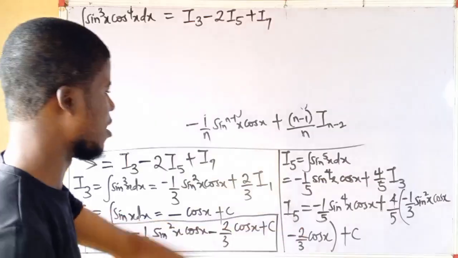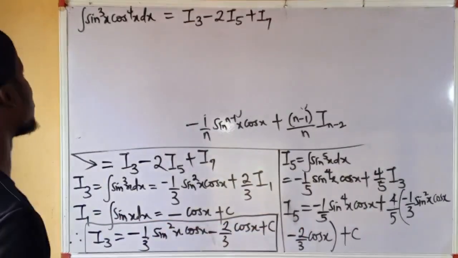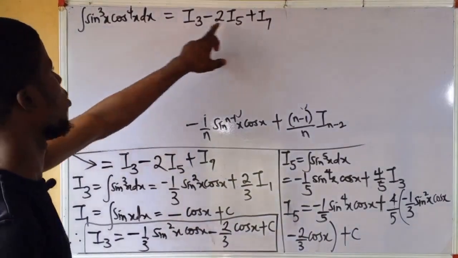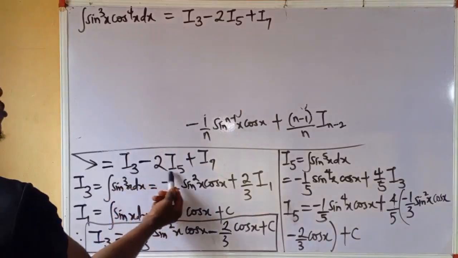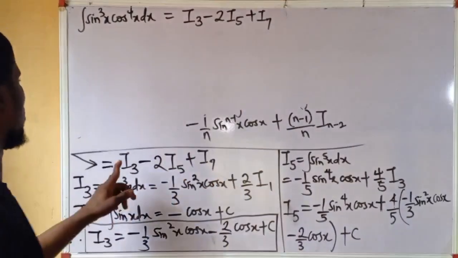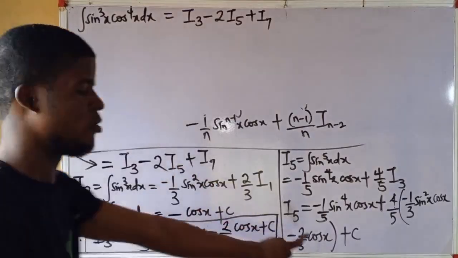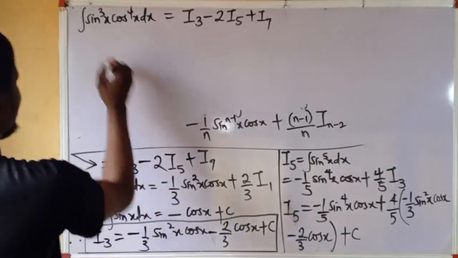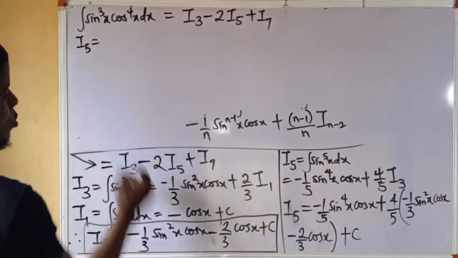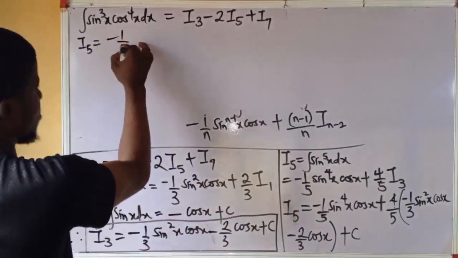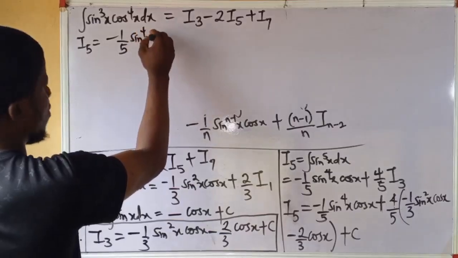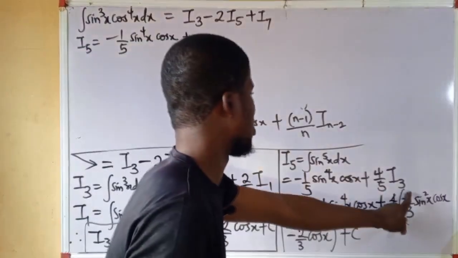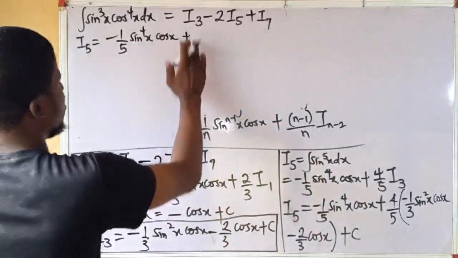All right, let's evaluate I5. Let's simplify it. Remember, we are determining this integral, and we say that this integral is equal to I3 minus 2I5 plus I7. So we have gotten I3, we are simplifying I5 now, then we'll go to I7. So I5 is equal to minus 1 over 5 into the sine to the 4th power of x cos x. 4 over 5 times minus 1 over 3, that's minus 4 over 15.